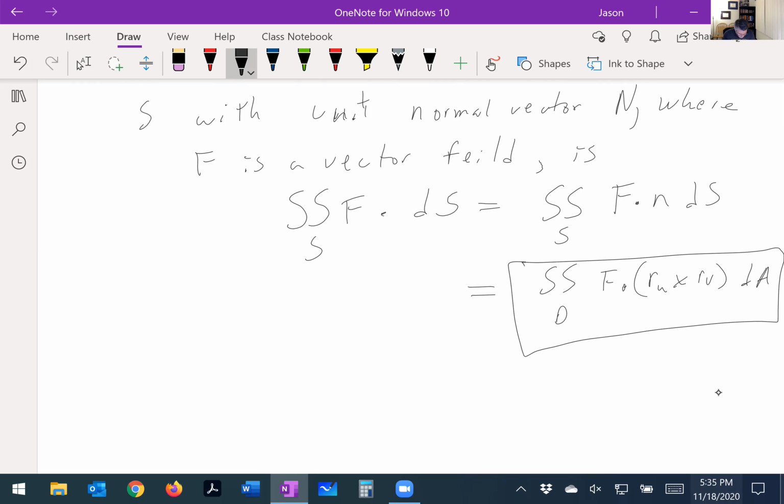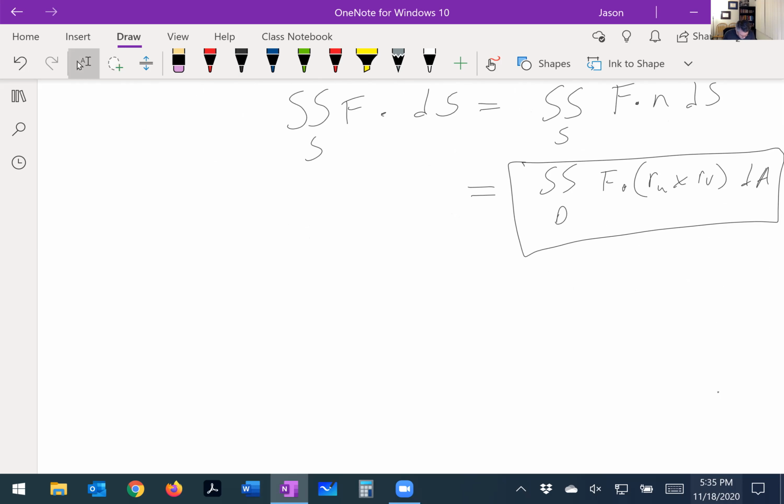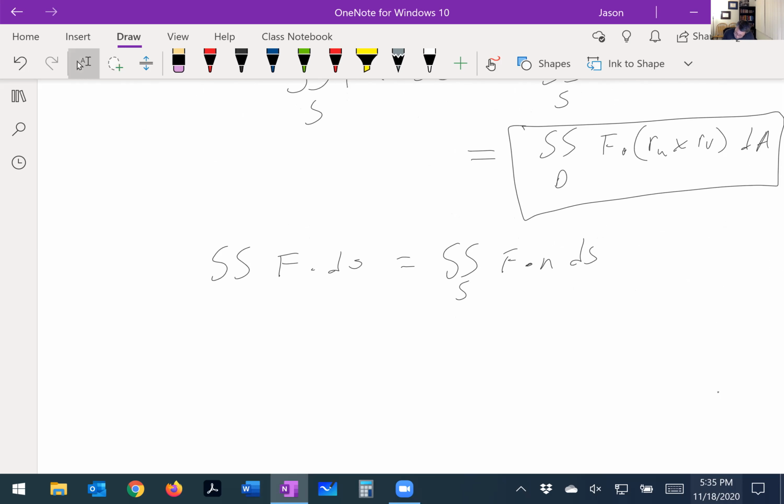Okay, we say that the surface integral of F dot dS, which is equal to the surface integral of F dot n dS, is called the flux of the vector field.